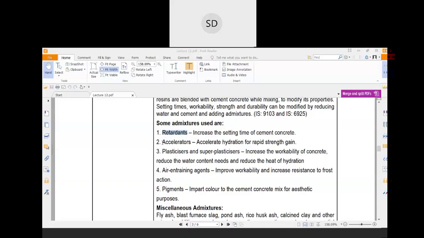Another type of admixture is called accelerators, which accelerate the hydration process for rapid strength gain within a short span of time. Suppose some road construction is going on, for example rigid pavement, or some maintenance work is going on over the road.